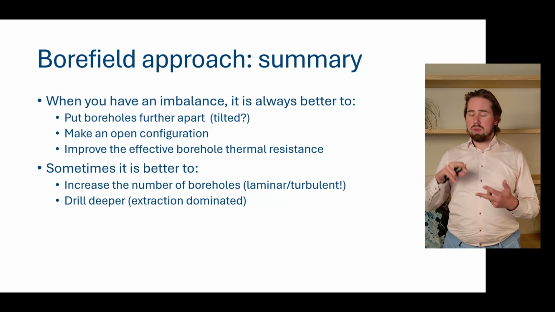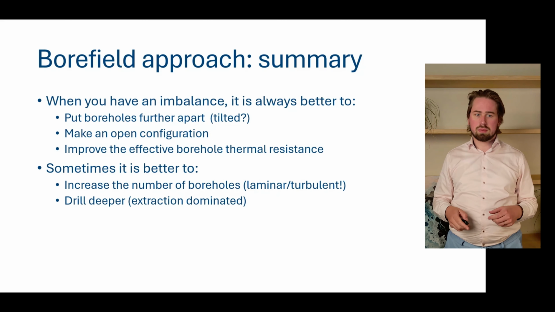We can put them in an open configuration, so not dense but more spread out in an L, a U, or a line. And also improving the effective borehole thermal resistance, like we discussed in the first chapter of this part, is always beneficial also when dealing with the long-term imbalance.